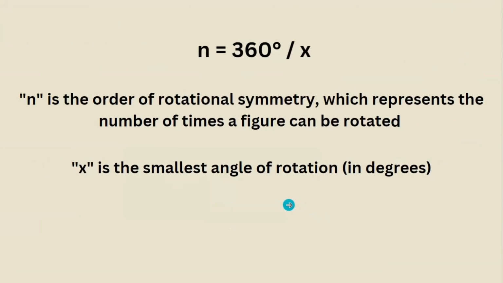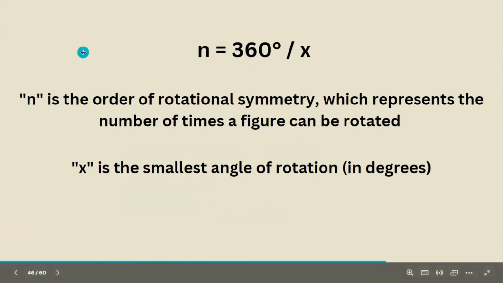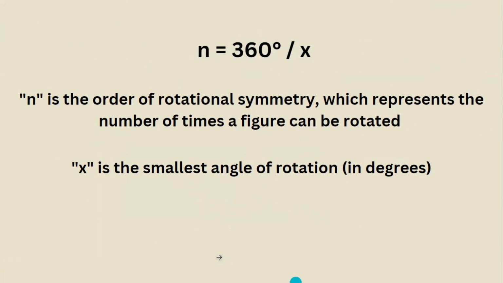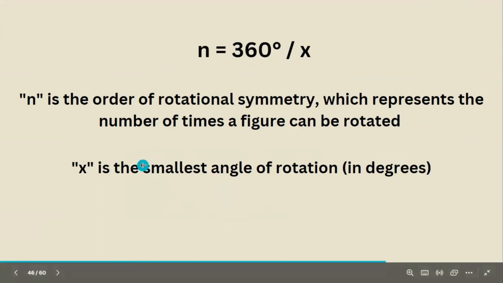There is a formula to find rotational symmetry also, which is n equals 360 degrees divided by x. N is the order of rotational symmetry that we need to find. 360 degrees is the whole, like full rotation, and x is the smallest angle of rotation.